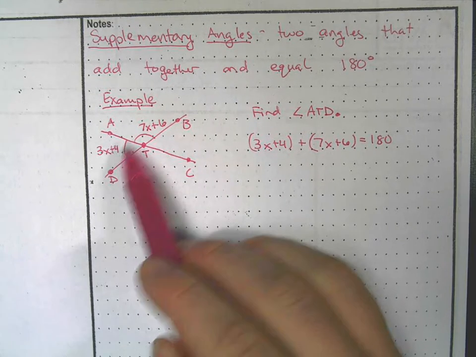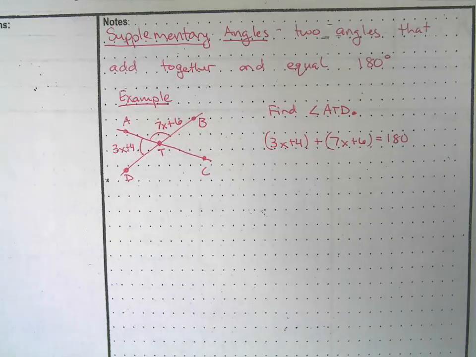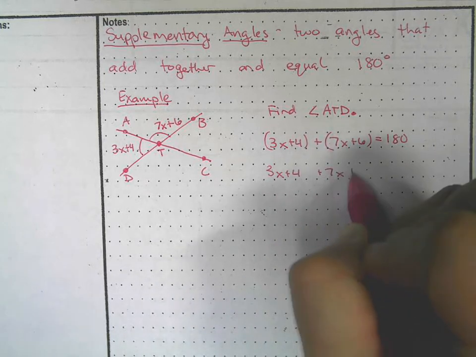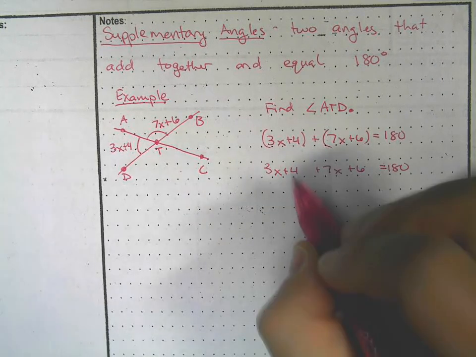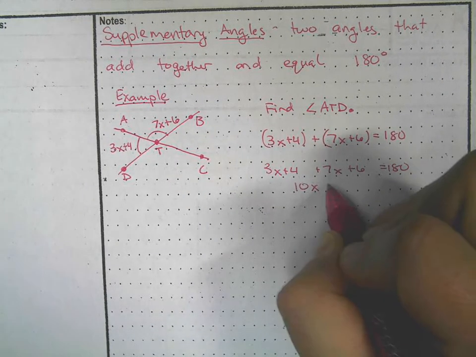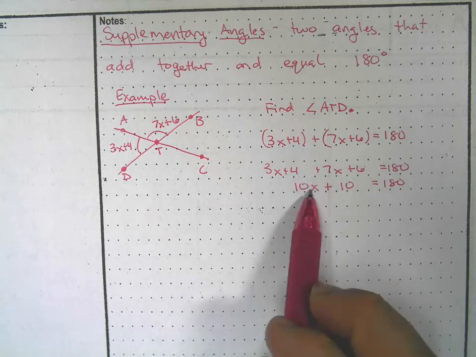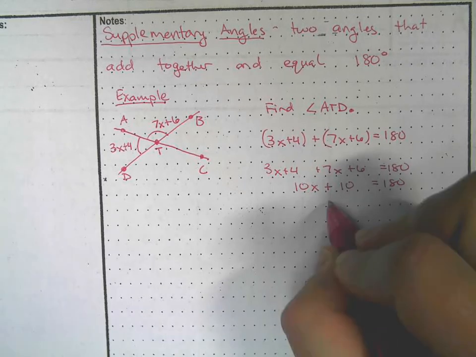Because they're next to each other and they create a line underneath them. Now we can drop our parentheses and solve. First thing I'll do is combine like terms. 3x plus 7x is 10x. 4 plus 6 is 10.